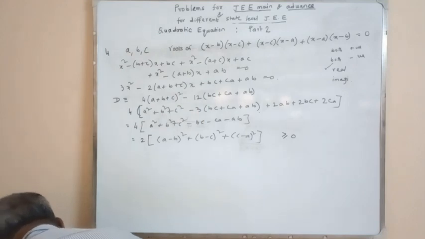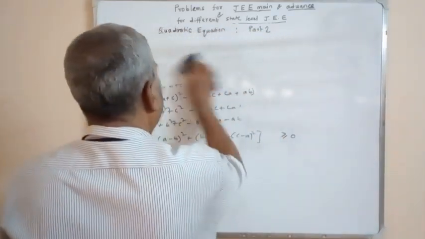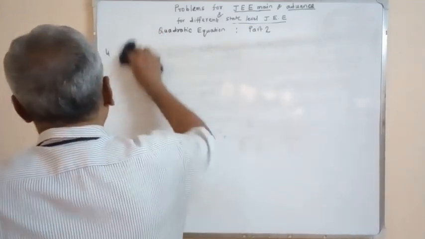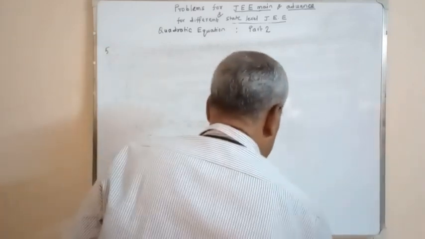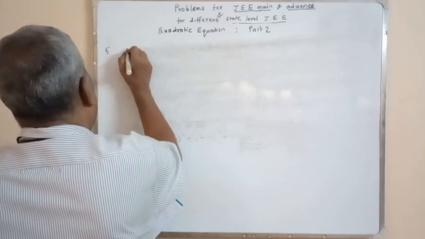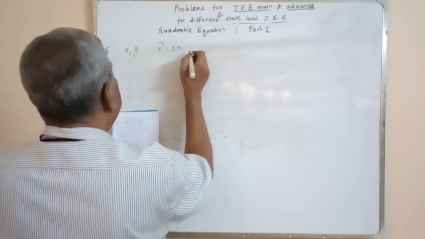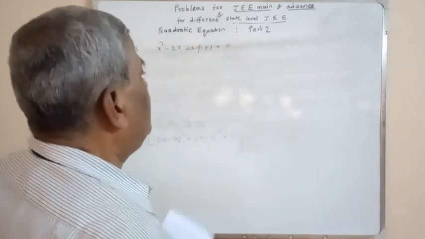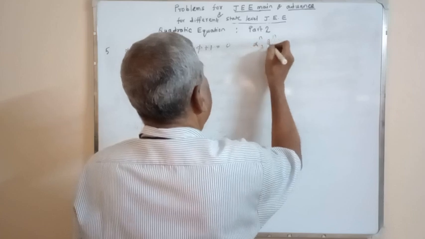Next problem is problem number 5. If alpha, beta are roots of x square minus 2x cos phi plus 1 equal to 0, then find the equation whose roots are alpha to the power n and beta to the power n.